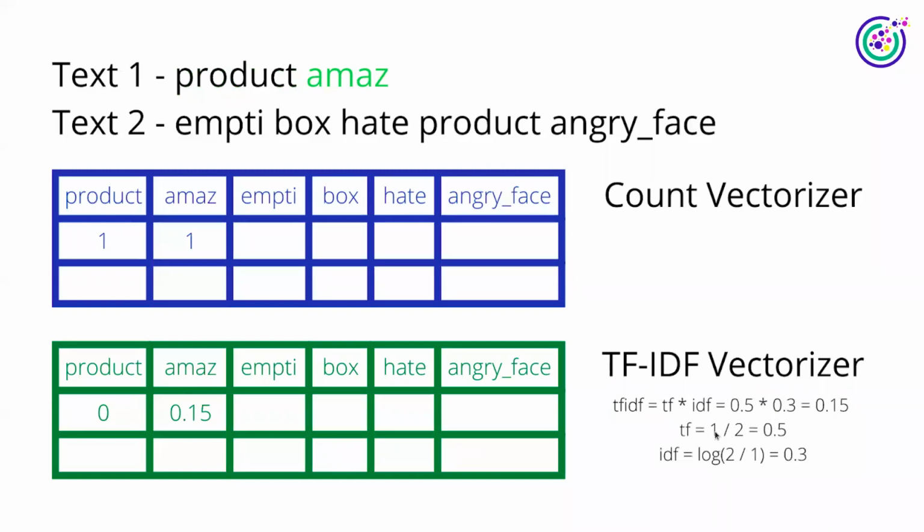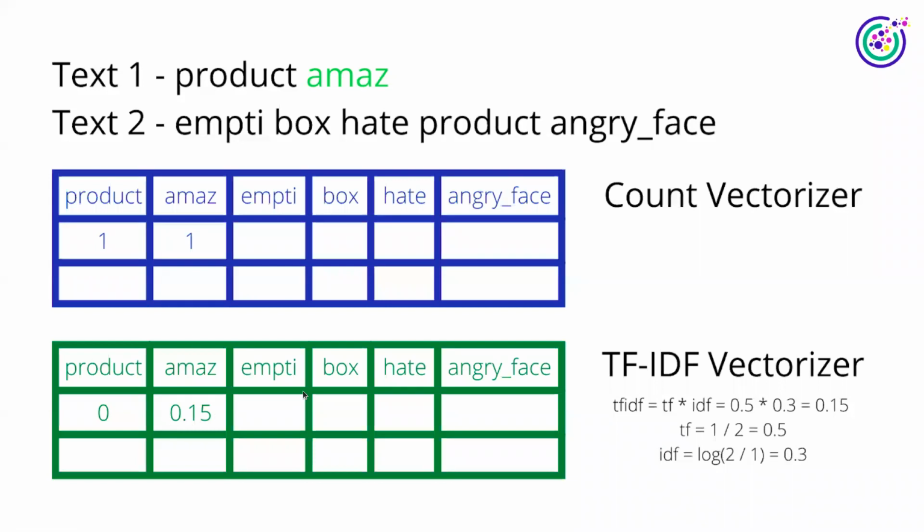That is, it occurs one time in text 1 divided by the length of text 1, that is 2, which is 0.5, and log of 2 divided by 1. Amaze only occurs one time, and the total number of sentences is 2. So 2 divided by 1, log 2, becomes 0.3, and when you multiply it, you get the TF-IDF value for amaze in text 1, that is 0.15, right?